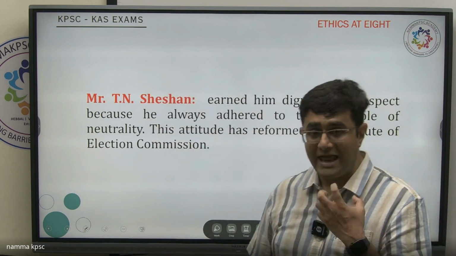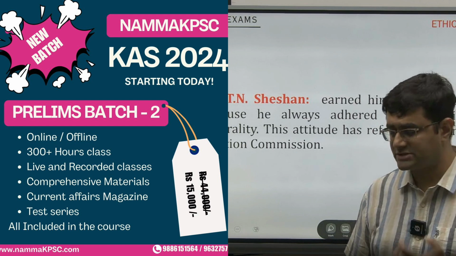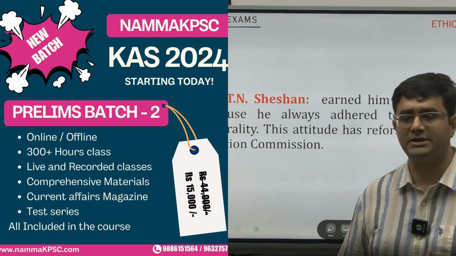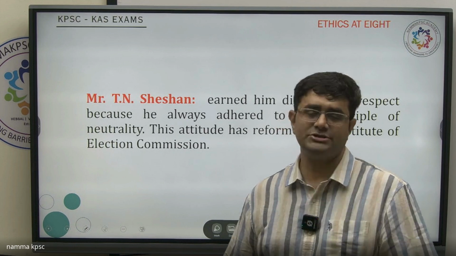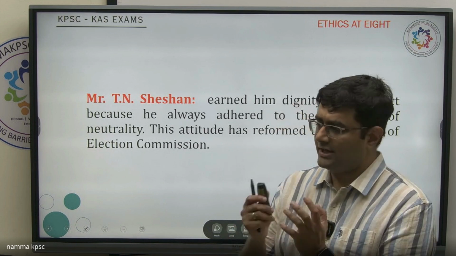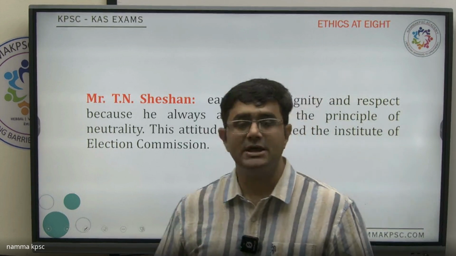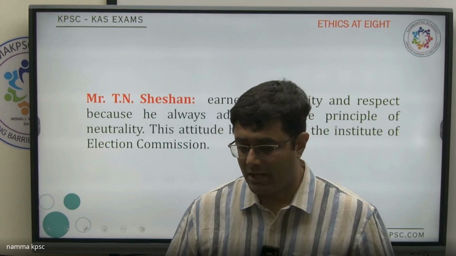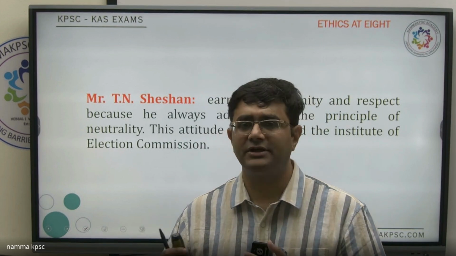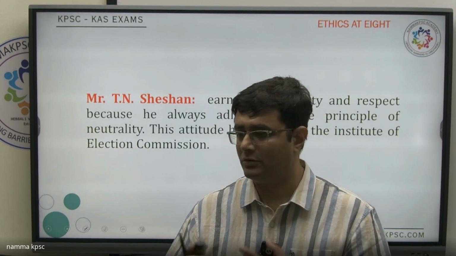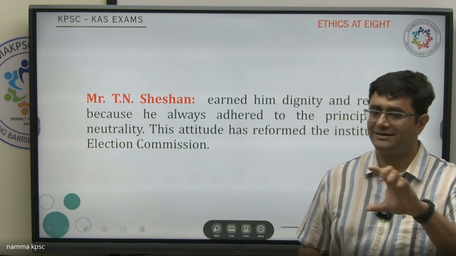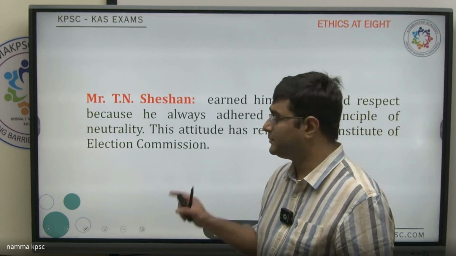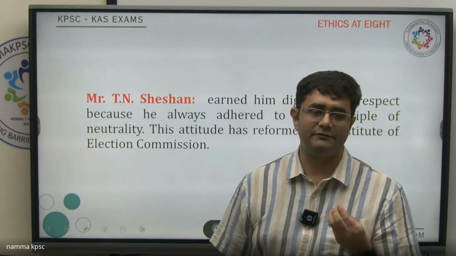How his value of integrity, his value of impartiality and non-partisanship helped to strengthen the election commission as an institution. And today, if the election commission has been able to conduct elections year after year without corruption, this has been possible because of the strengthening of the election commission.